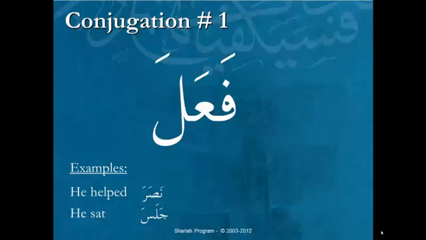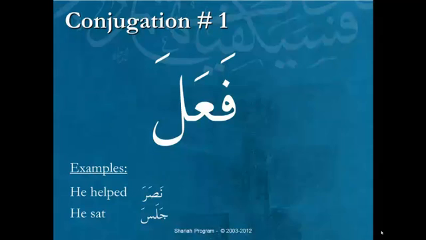And I spoke about this in the first presentation. So depending on what configuration of vowels you add to the letters, you're going to get more meaning. So there's one meaning that comes from the letters, and there's additional meaning that comes from the pattern, from the vowels. So if you want to convey active voice in the past tense in three-lettered verbs, then this is how you do it. You add a fatha on the first and second and third. All three letters would have a fatha, and you get fa'ala.